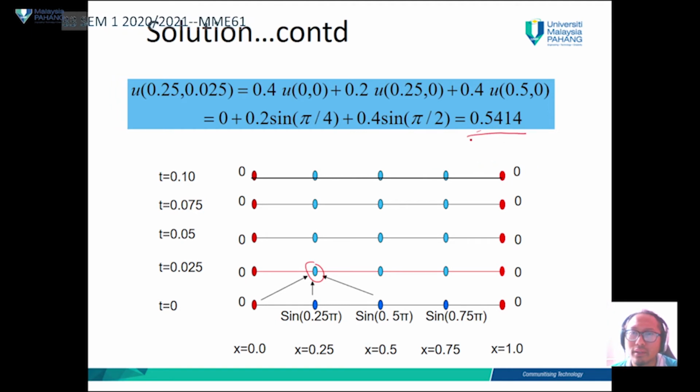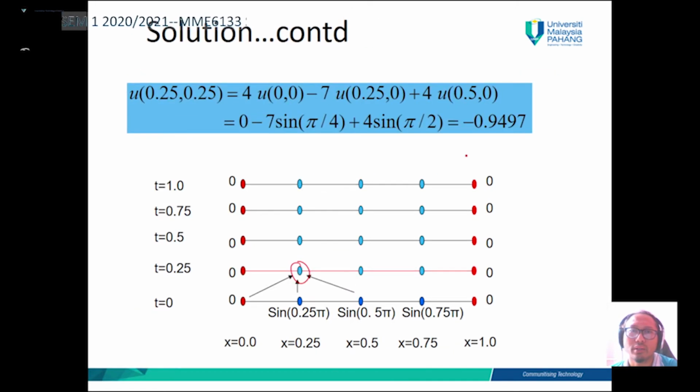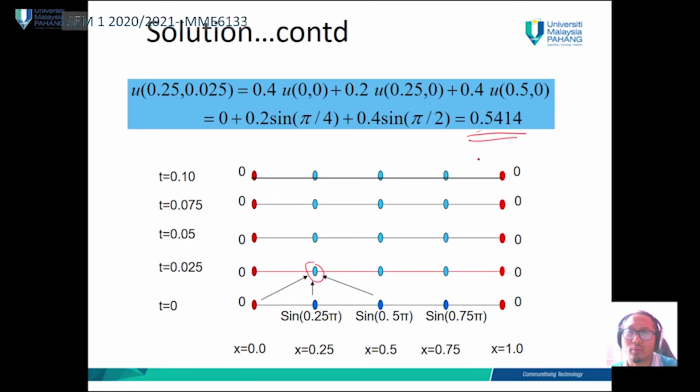Take note that this value is much different from the one that we obtained using 0.25 for the interval of t, which was negative 0.94. So there will be fewer errors compared to the one that we had previously.